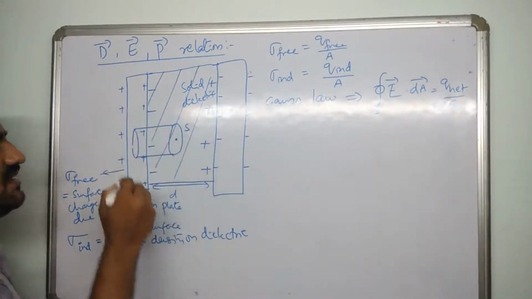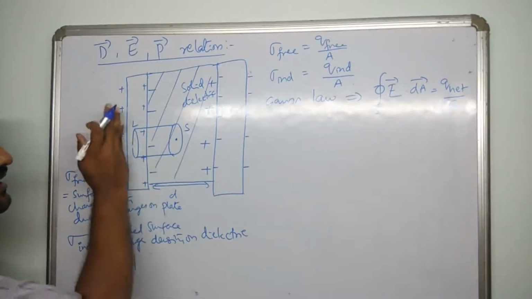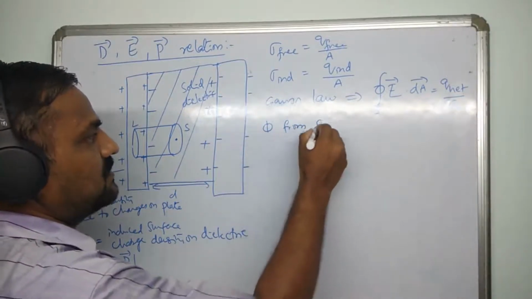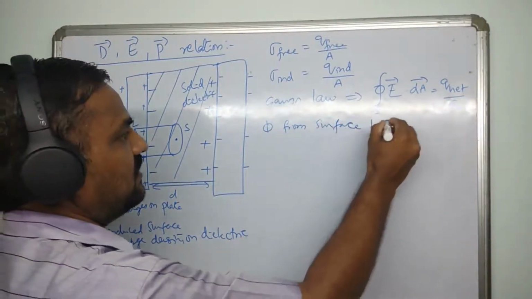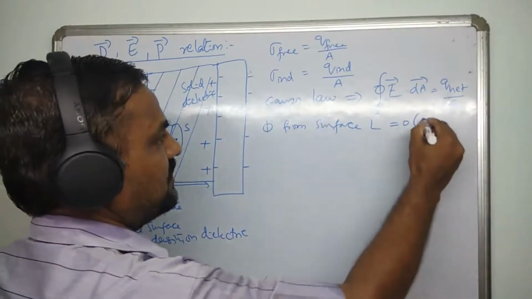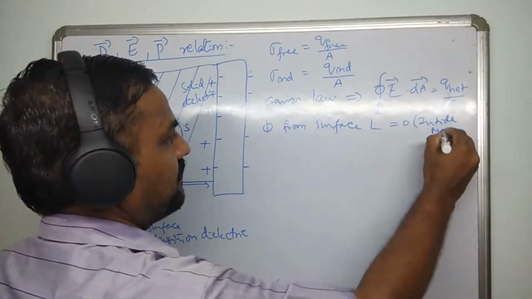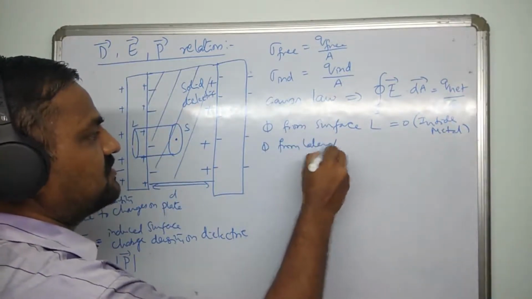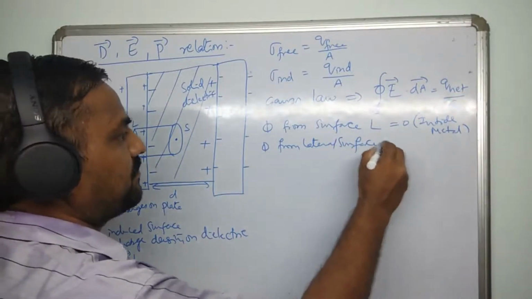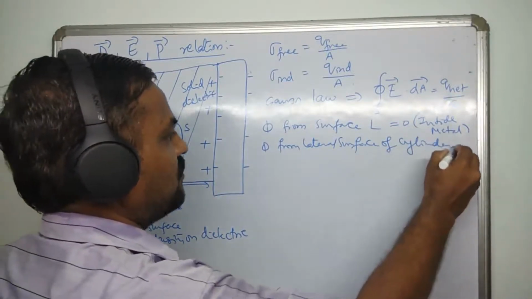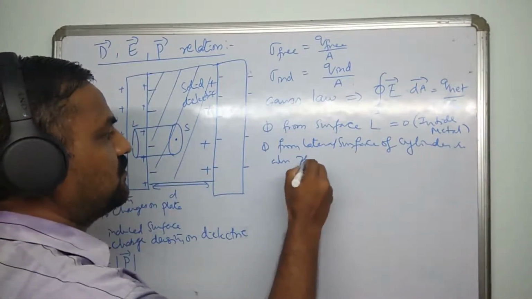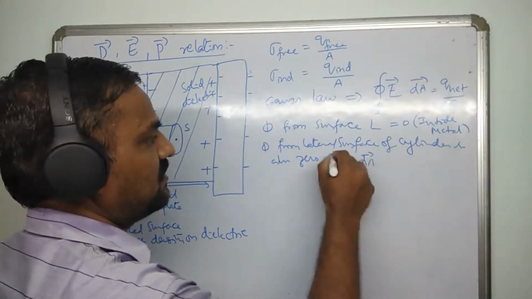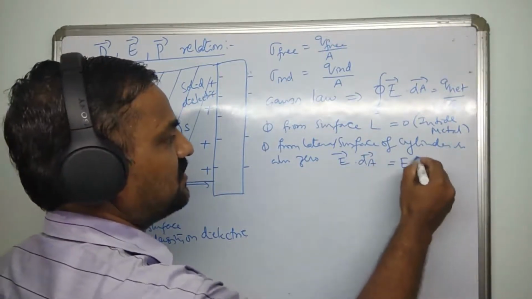If you call this surface S, and this L, and then the lateral surfaces. The flux from surface L is zero because it is inside the metal, and the flux from the lateral surface of the cylinder is also zero, because for the lateral area, E dot dA will be E dA cos 90.